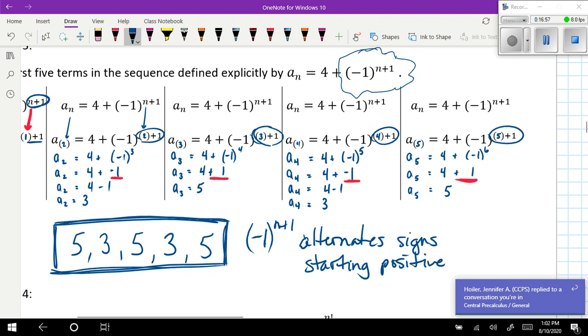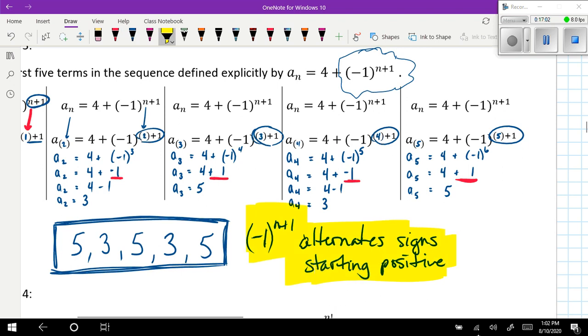And again, this is going to be very important for you to remember, because if I give you a sequence that jumps back and forth between two numbers, you're going to have to decide whether I'm starting with the bigger number first or the smaller number, so whether I want to actually add or subtract first, and so on.